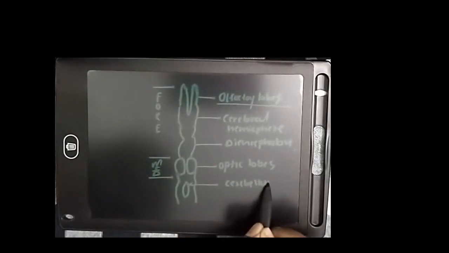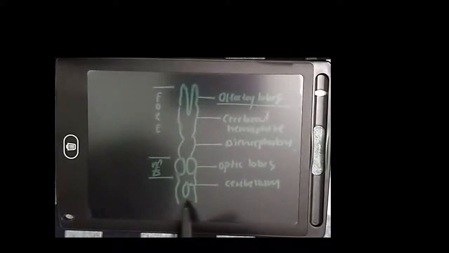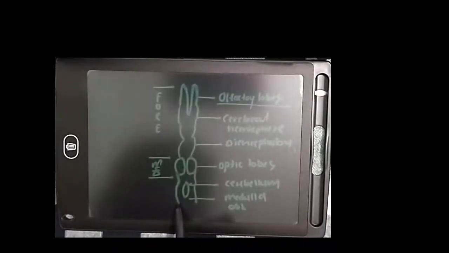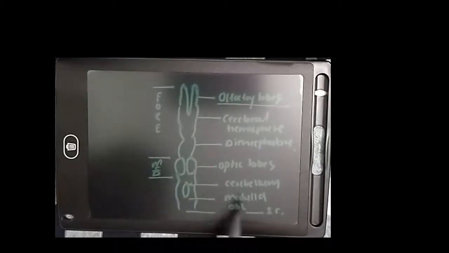It is also structurally varied in different animals, and this cerebellum is followed by the medulla oblongata, and the last portion is the spinal cord. So from cerebellum to the medulla oblongata, this region is called the hindbrain.